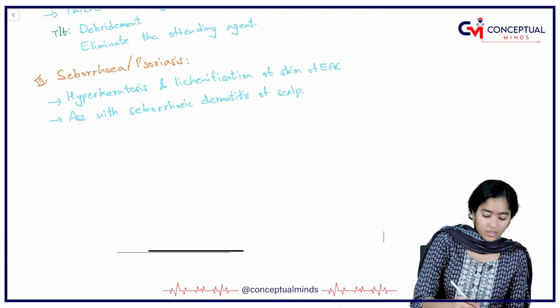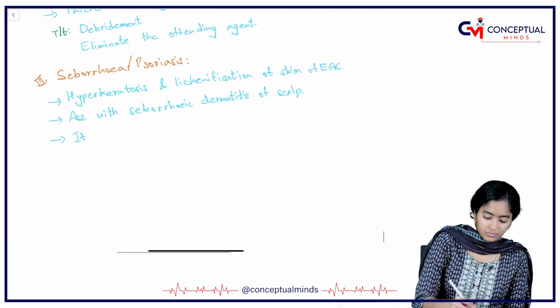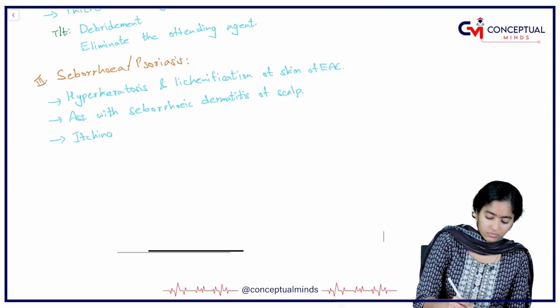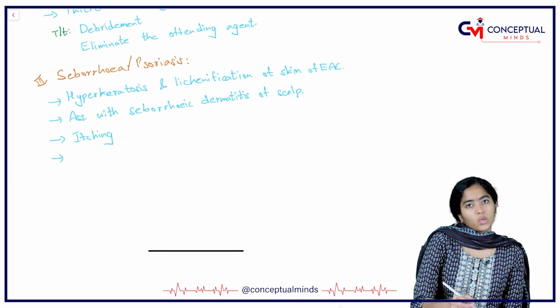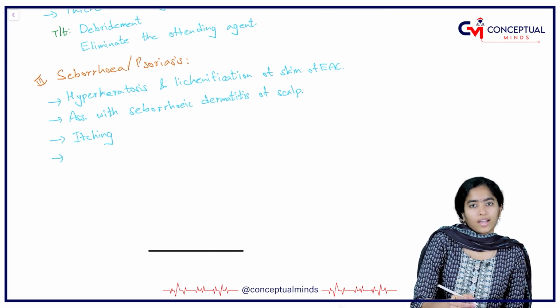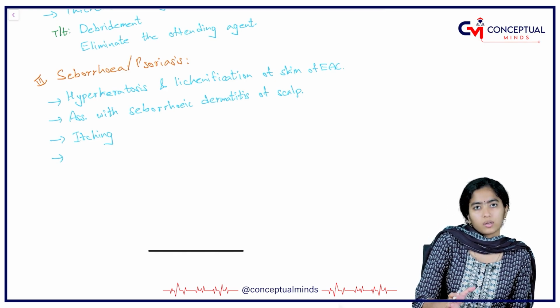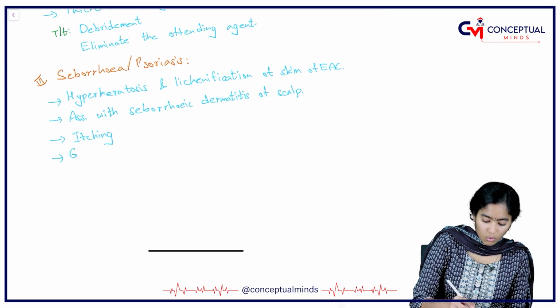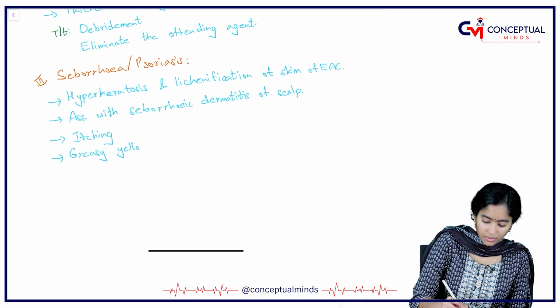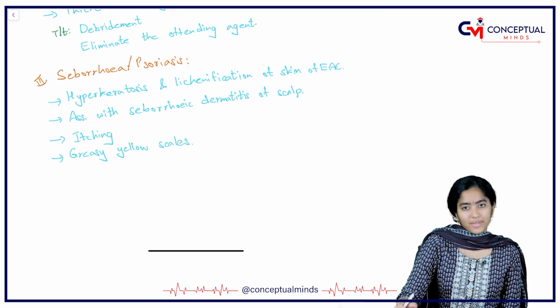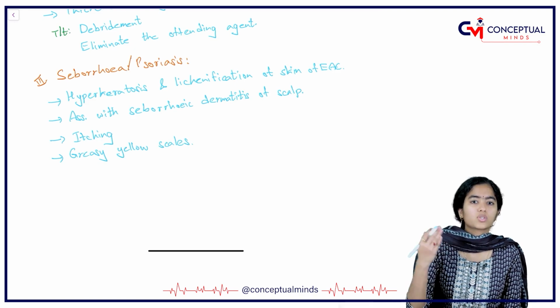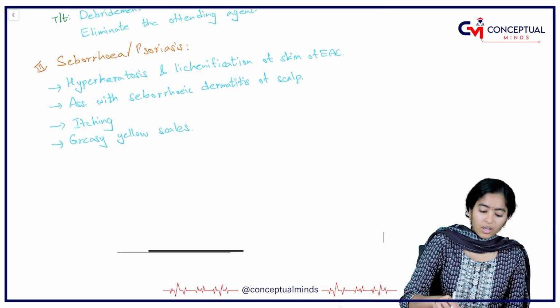So, the main complaint that the patient has is itching, and greasy yellow scales can be seen in the canal, very typical of seborrheic dermatitis, greasy yellow scales. They can be seen in the external auditory canal and also on the pinna sometimes.